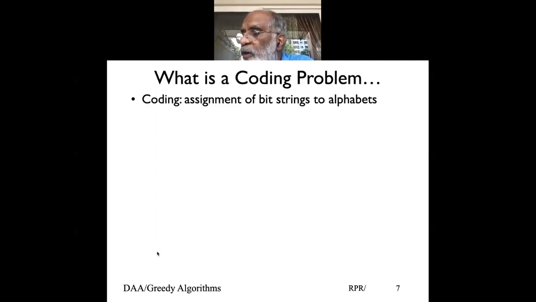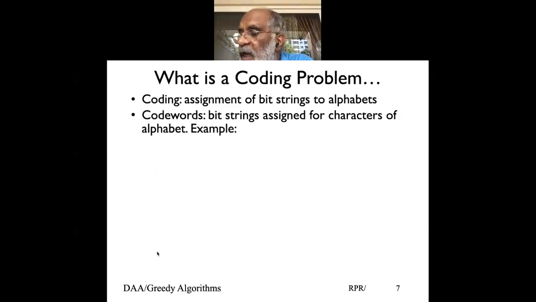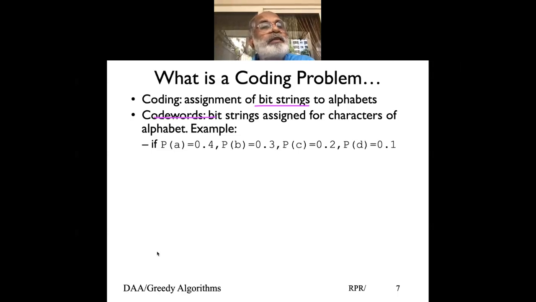So primarily, if you look at it, the coding problem is assignment of a bit string to alphabets, and a code word is the bit string you take for each character. So let's take another example.